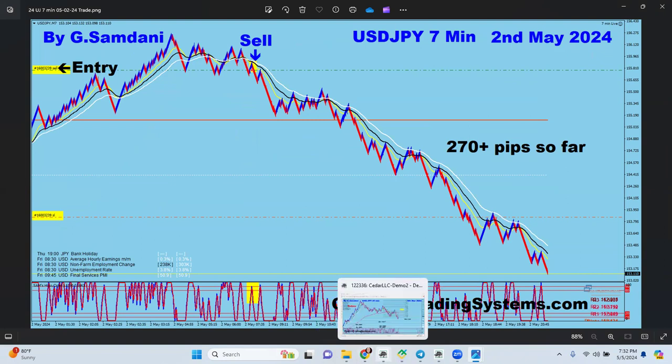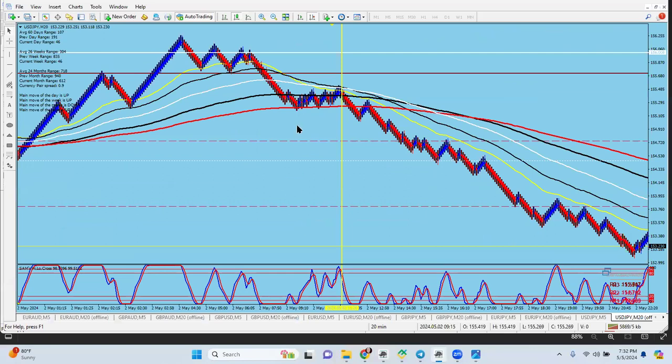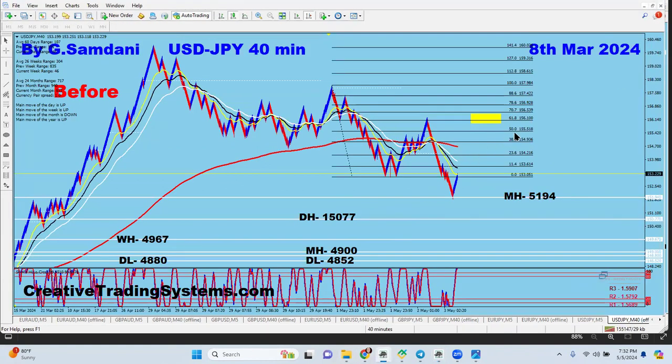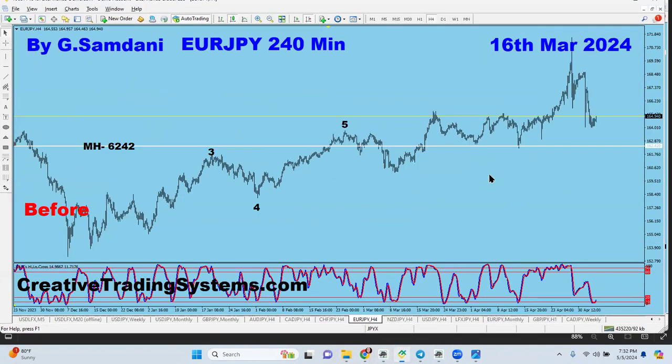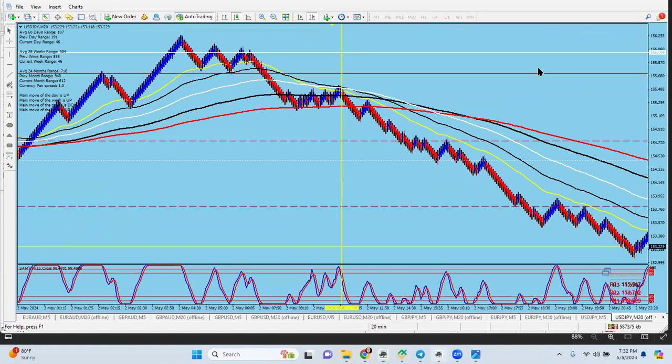On a 20-minute chart, let me show you something. This was a 40-minute and this is a 20-minute chart of USD yen. So this is where the line is. The 61% is coming exactly at 156.10.